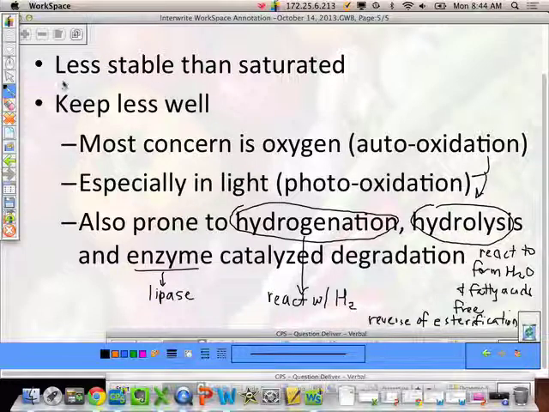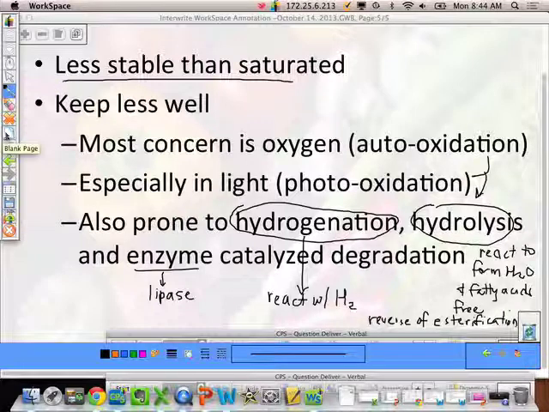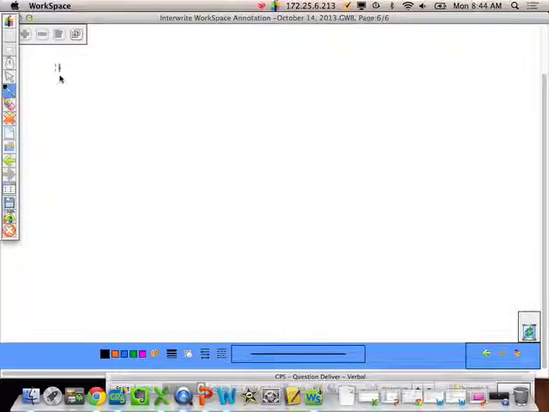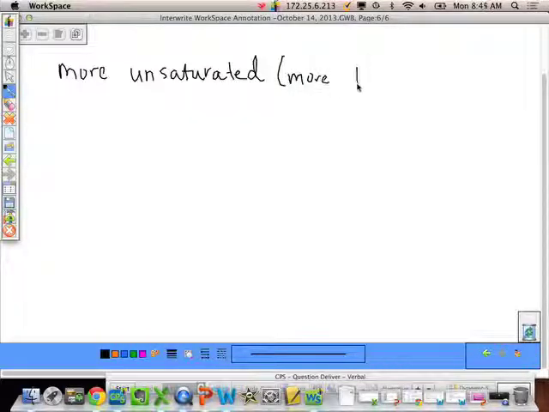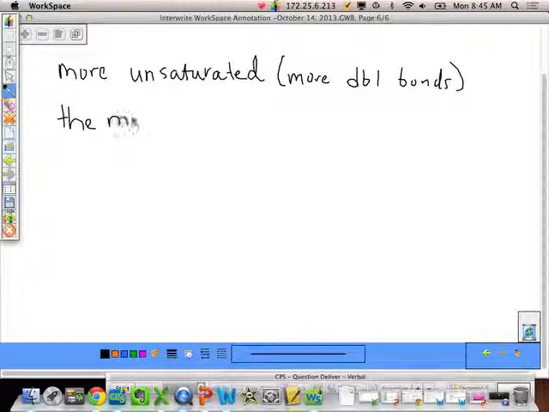And we know that they're less stable than saturated, which also means that the more unsaturated we become, so the more double bonds we have, the more reactive it is, because there are more places to react.